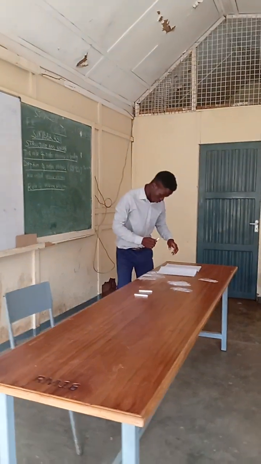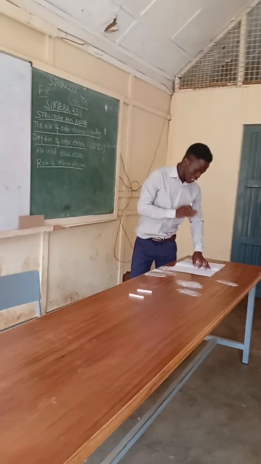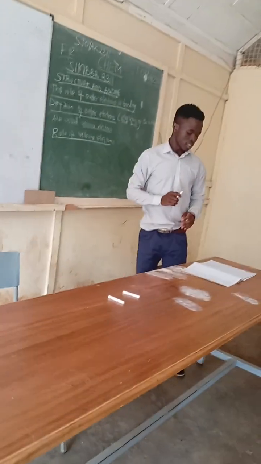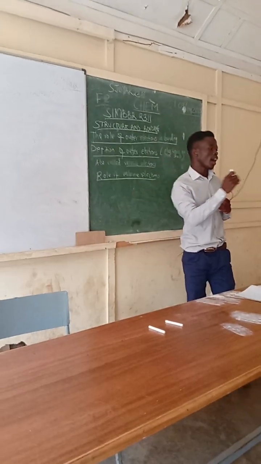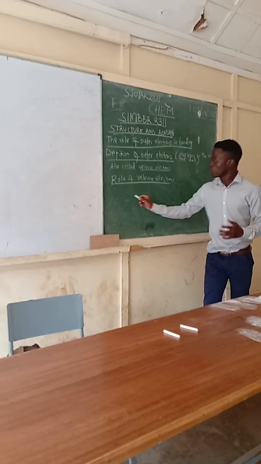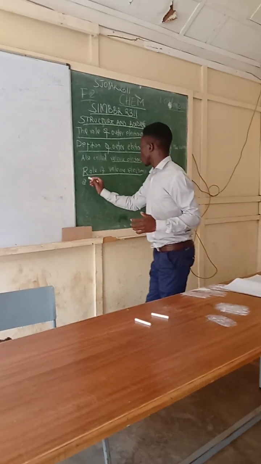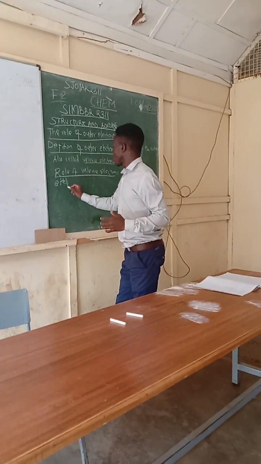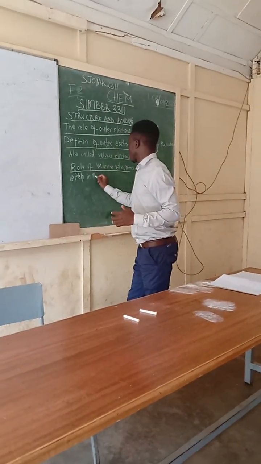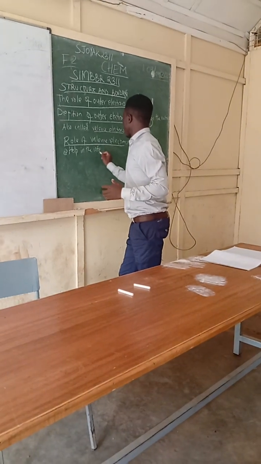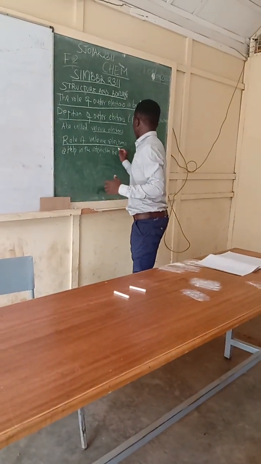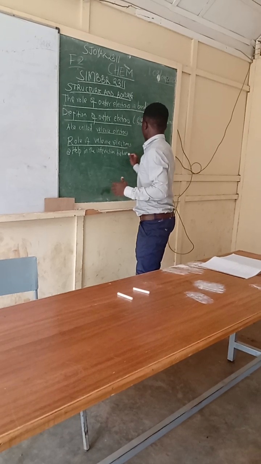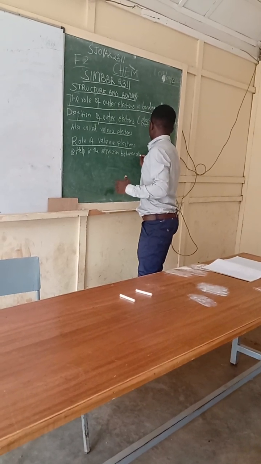Therefore, the first role of the valence electrons is that they help in the interaction between atoms.